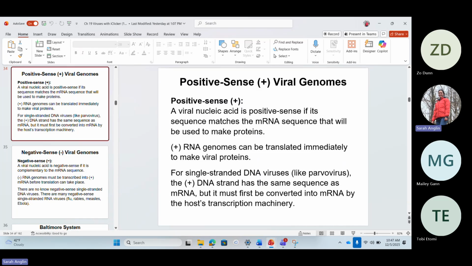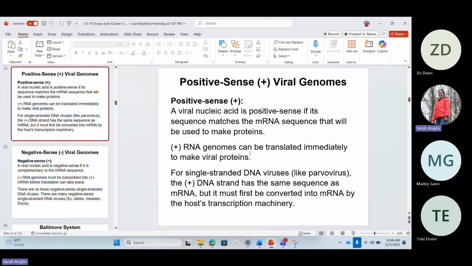They can immediately interact with ribosomes, and translation can immediately begin to make viral proteins. So positive single-stranded RNA viruses are able to affect the cells a lot quicker than ones with other genomes that have to go through a process to synthesize the mRNA strand.